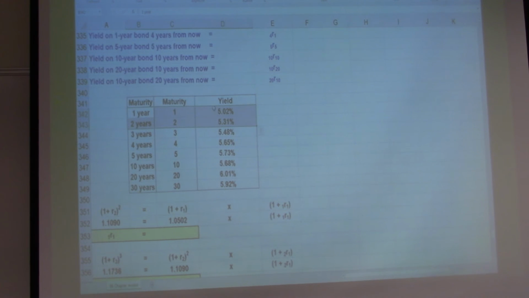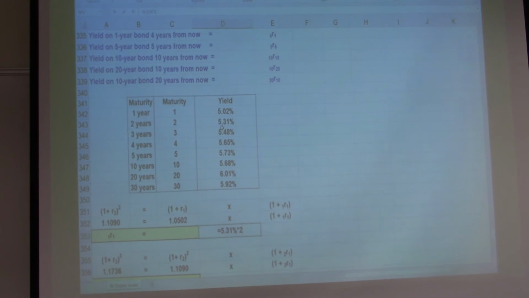So you know if you hold it for a year, you get 5.02%. Hold it for 2 years, you get 5.31%. But if you hold it for a year and hold it for another year, but a year from now, what is the interest rate? You can use this equation to do that. The simple way is, 2 years is 5.31% each year.